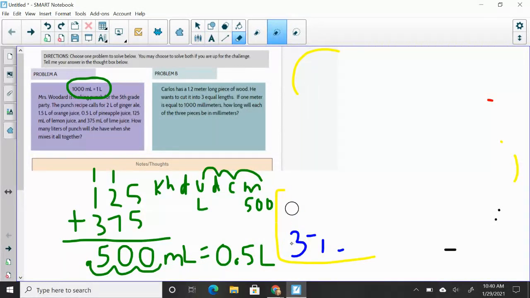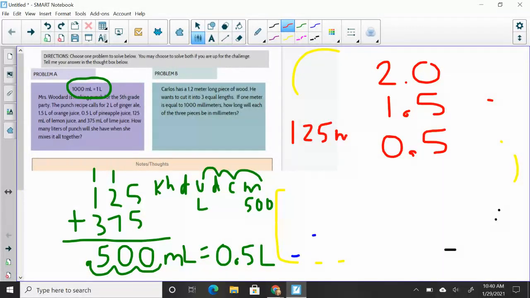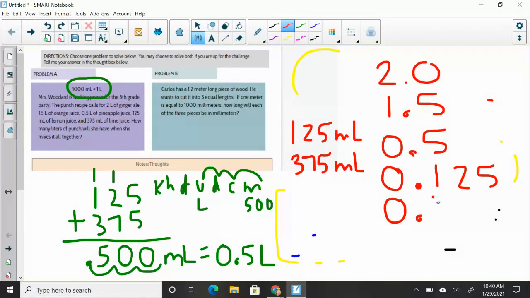All right, so you could have had your 2 liters of, I'm going to say 2.0, 2 liters of ginger ale, 1.5 of orange juice, a half of pineapple, 125 milliliters would be 0 and 125 thousandths of a liter, and 375 milliliters would be 0 and 375.